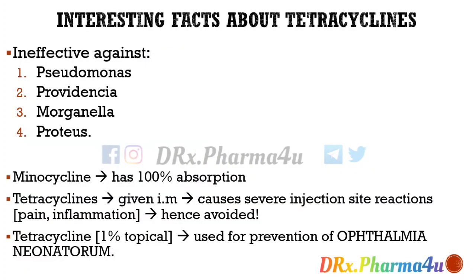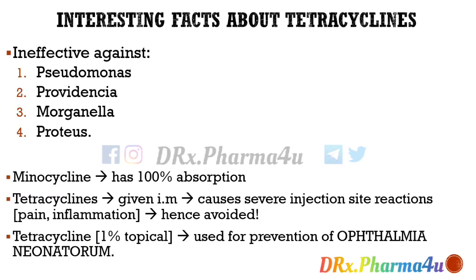Now let's come to some interesting facts about tetracyclines. They are ineffective against Pseudomonas, Providencia, Morganella, and Proteus. See, these are four organisms which I have mentioned here. If you are going for hospital duty, if you are working as an antimicrobial stewardship pharmacist, or if you are working as a clinical pharmacist in general, these four organisms you should know very well.